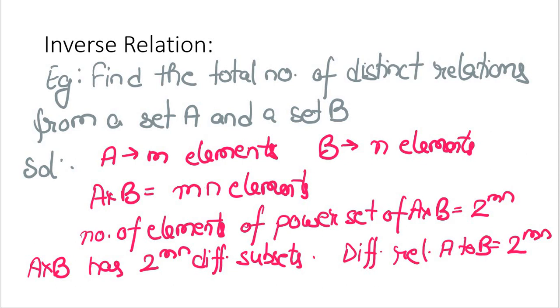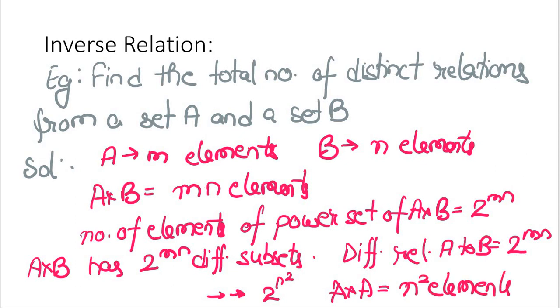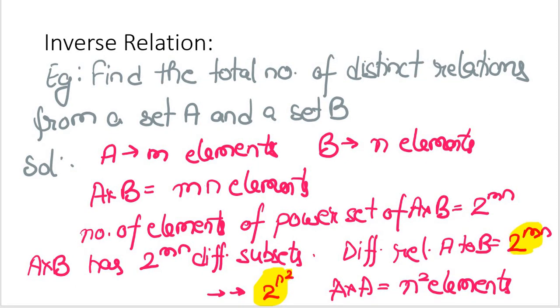Right, and if I have a binary relation on set A, then I'll have 2 to the power n square, because A cross A will have n square elements. But as the question says, we have 2 to the power mn different subsets or different relations.